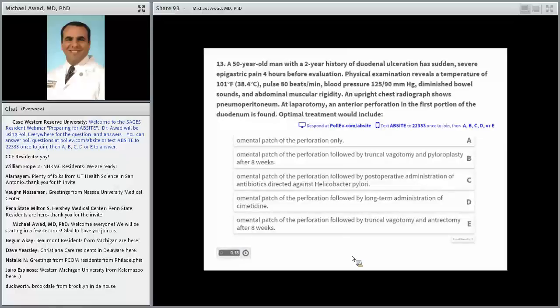What is the optimal treatment? Omental patch only, omental patch with truncovagotomy and pyloroplasty 8 weeks later, omental patch with administration of antibiotics against H. pylori, omental patch followed by cimetidine, and omental patch followed by a truncovagotomy and antrectomy after 8 weeks.